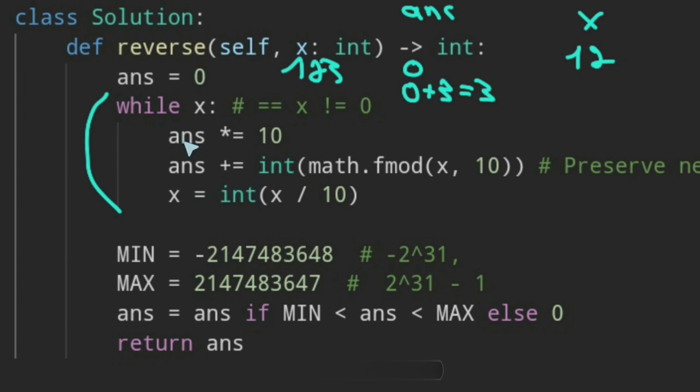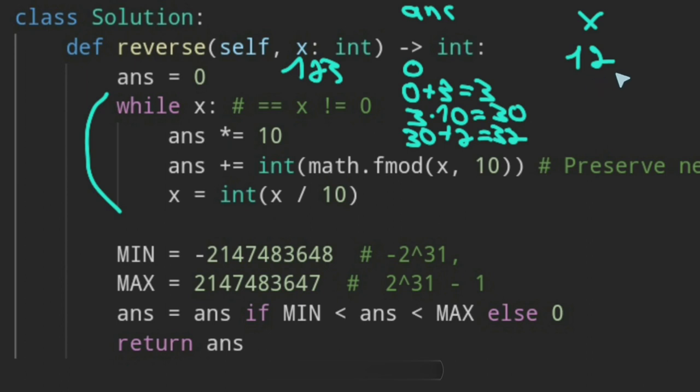Now we get to the next iteration of the loop. We take the answer and multiply it by 10. So 3 times 10 means that it's 30. Now we take the answer and add to it the mod, the last digit, the rightmost digit of the input number, which is 2. So 30 plus 2 is 32. Now we take the input number and divide it by 10.